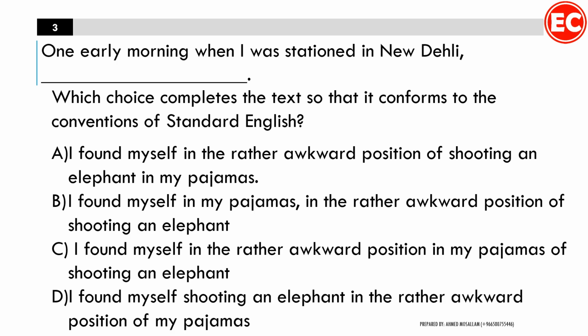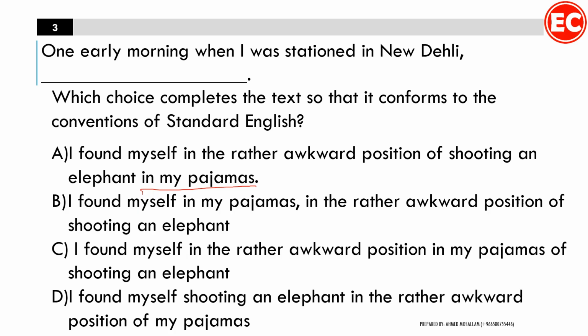One early morning when I was stationed in New Delhi, what happened? I found myself in the rather awkward position of shooting an elephant in my pajamas. This one describes who? The elephant? Ask yourself this question.